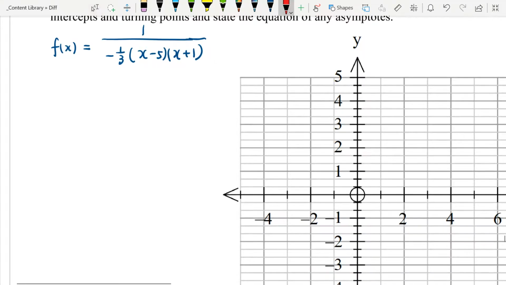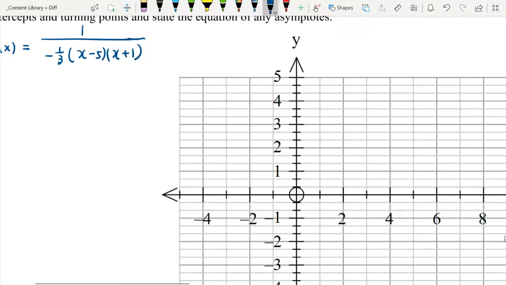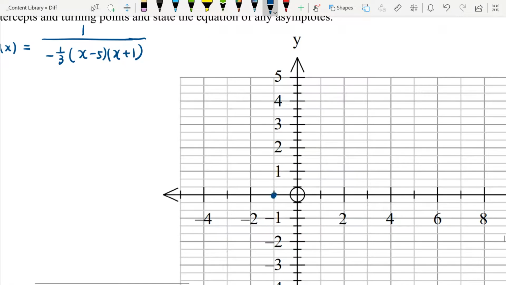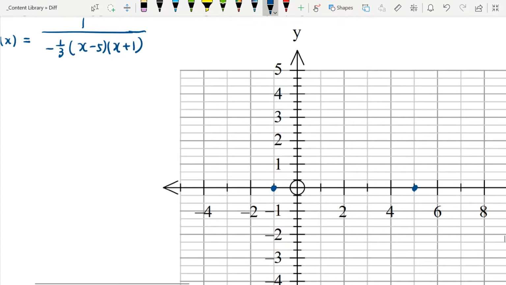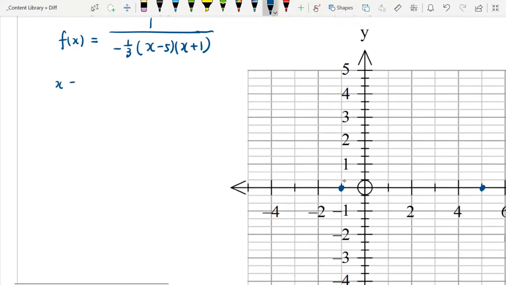So what's the x-intercept? I'll use a blue color to sketch the bottom function. What's the x-intercept on the denominator? -1, 5. And what is the turning point? x equals 5 and x equals -1. If you average that, that equals 2.